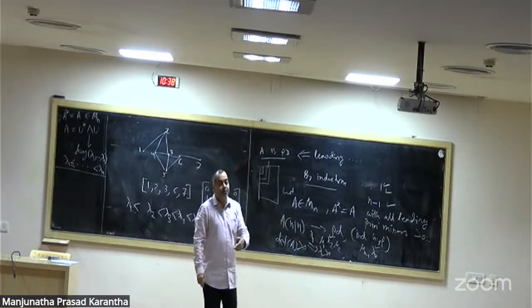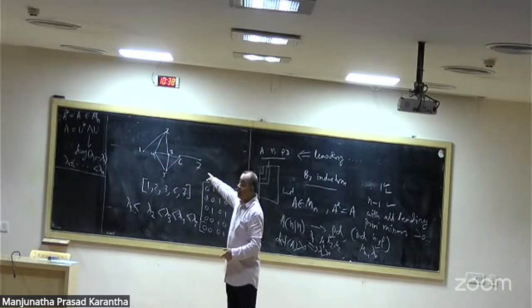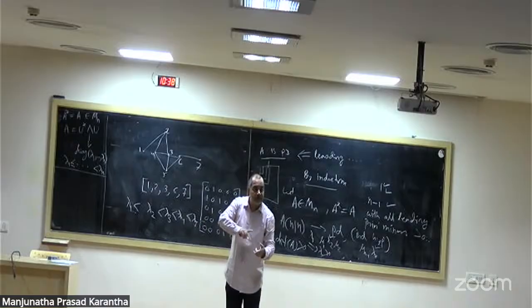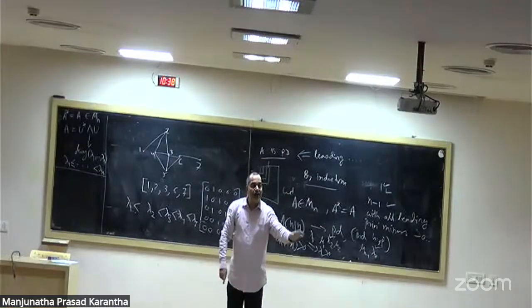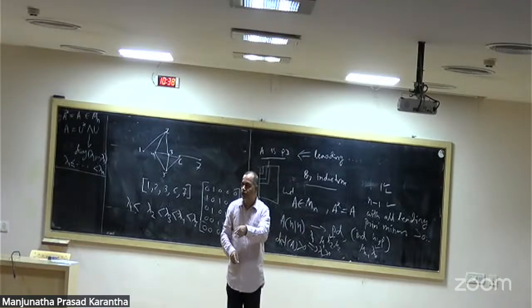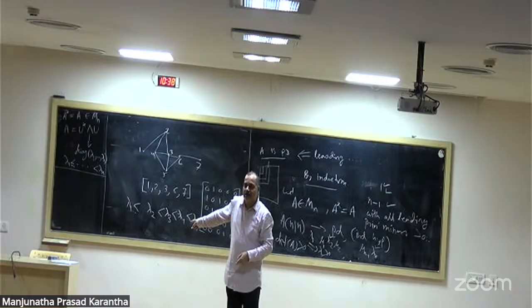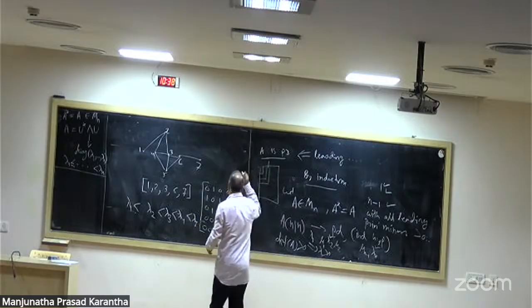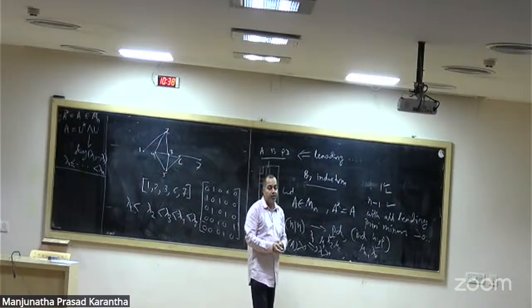So my theorem will be there: if the diameter of a graph is 5, then it will have at least 5 distinct eigenvalues. That theorem will be proved. All I need to show is that P5 has 5 distinct eigenvalues.